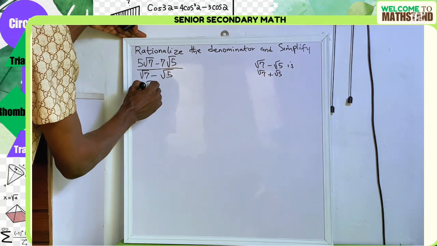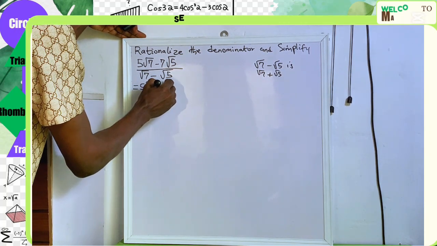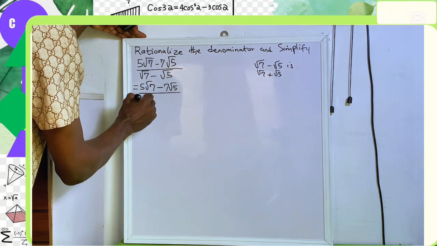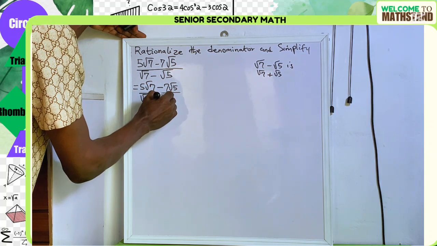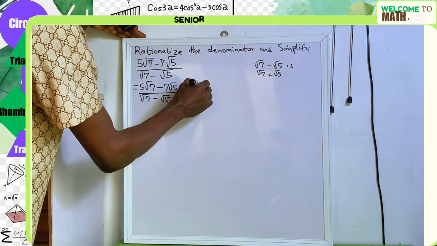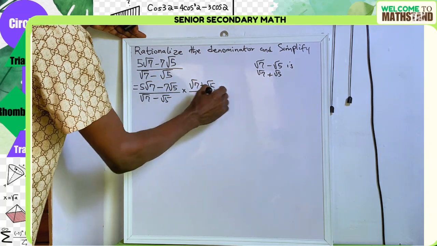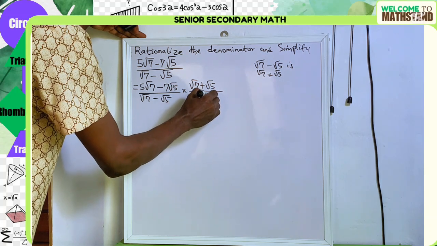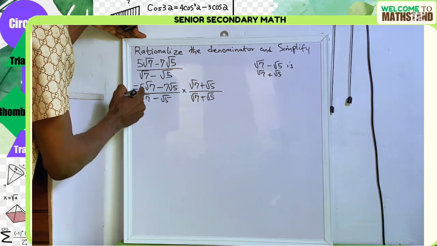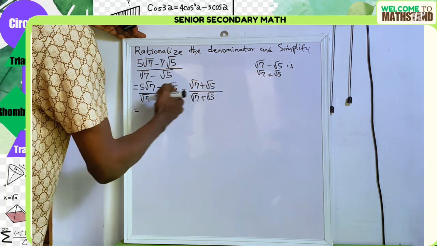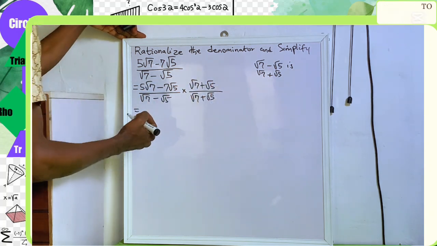So we have (√7 minus 7√5) all over (√7 minus √5) times (√7 plus √5) over (√7 plus √5). I will use this to multiply everything here, and the same thing to the denominator.